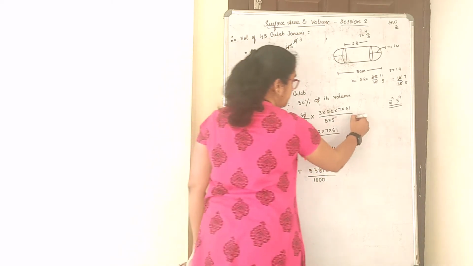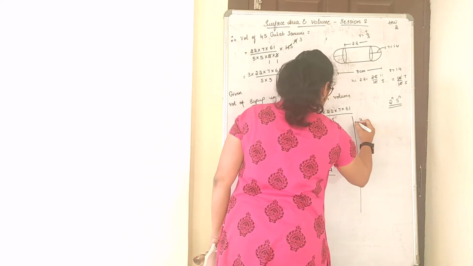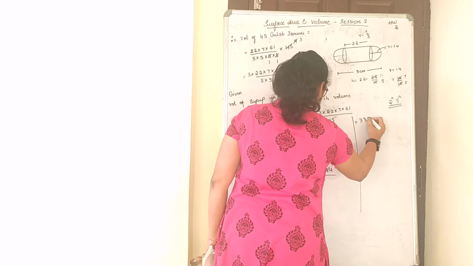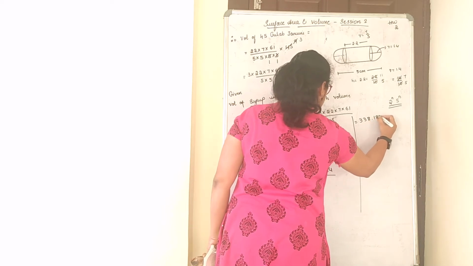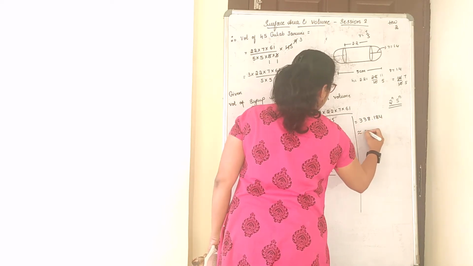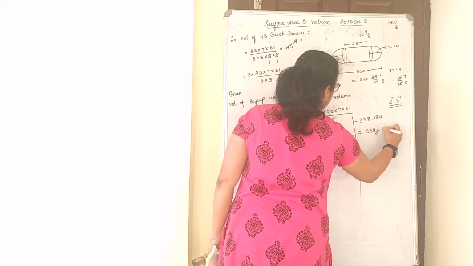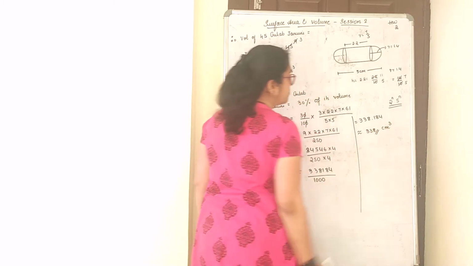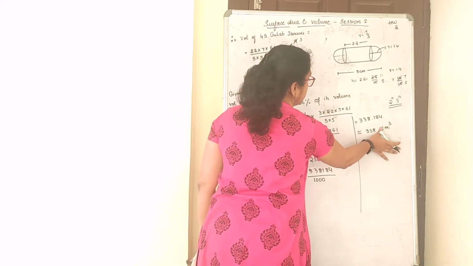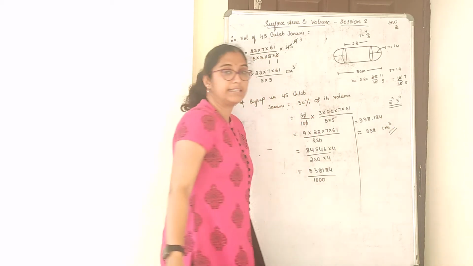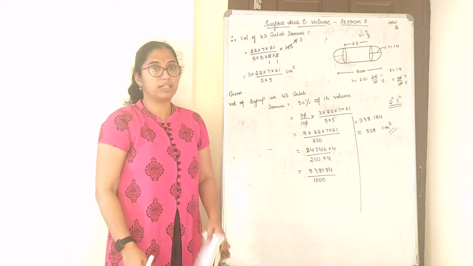Shift the decimal. 338.184. Approximately it is 338 centimeter cube.